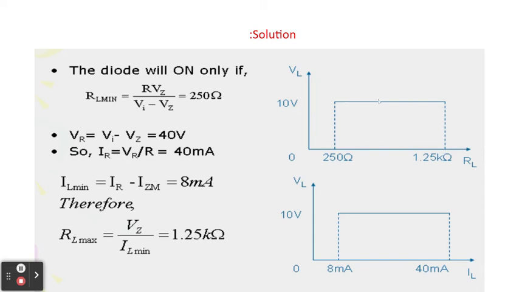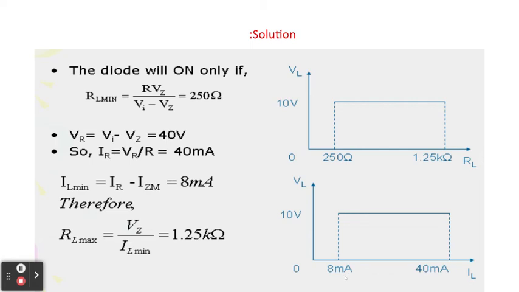So there will be a constant VL here. Now, this means that the RL minimum will be 250 ohms, and the RL maximum is 1.25 kilo ohms. And this will be the range of RL which is necessary as required by the question.